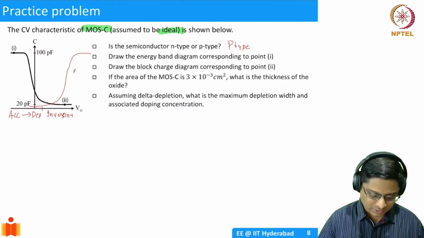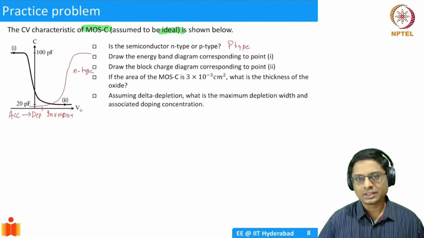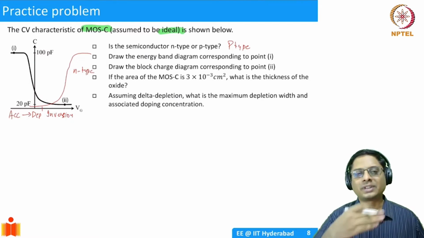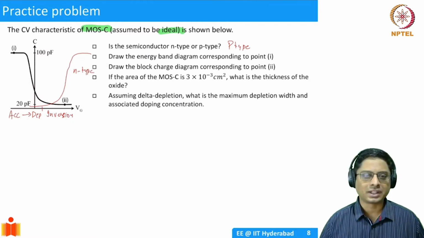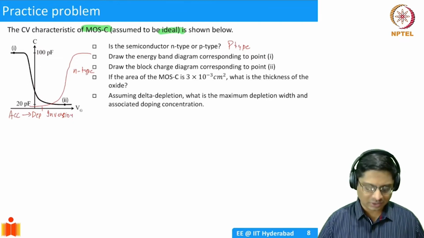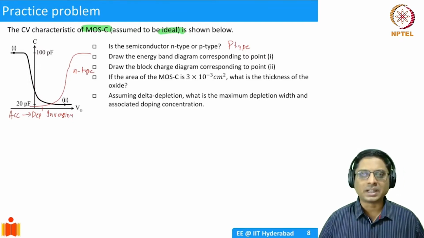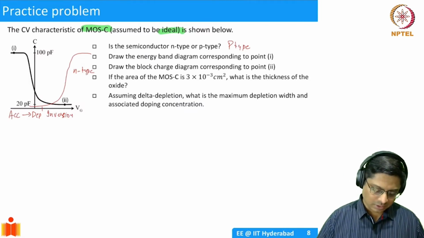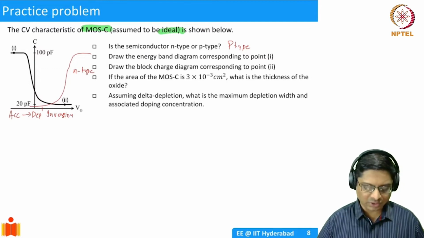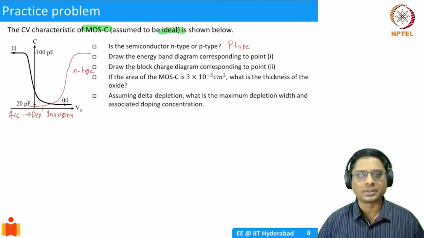This is an N-type substrate. So the aspect we need to track is, as you increase the voltage, what is happening to the capacitance? Here, as you increase the voltage, it's increasing, so this is clearly not going to satisfy the P-type behavior. So we need to clearly explain why, from looking at the transition from accumulation to inversion, we conclude that it is a P-type semiconductor.